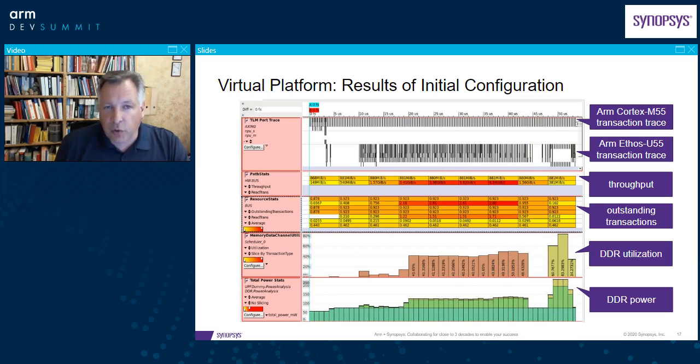Here you see that the first burst is reading the data, where it starts to process, then afterwards it's writing the data. On the graphs below, you see that during this inference, the throughput on the bus that you can measure increases, as well as the number of outstanding transactions. And below that, you see, for example, the DDR utilization.